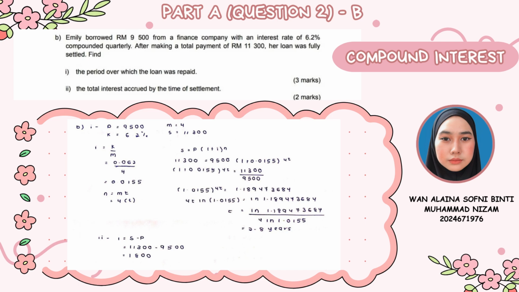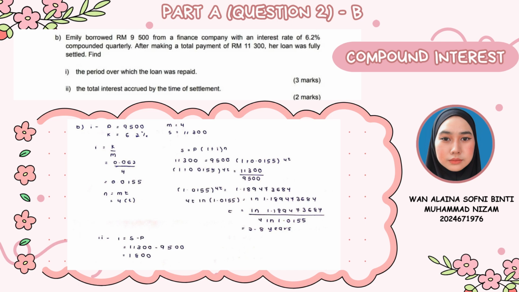So we need to use the compound interest formula, which is S equals P bracket 1 plus I bracket N. So we fill in 11,300 ringgit equals 9,500 bracket 1 plus 0.0155 bracket 4T.